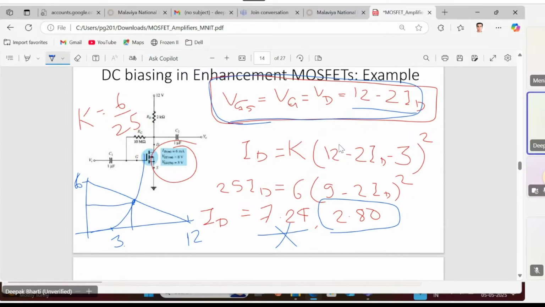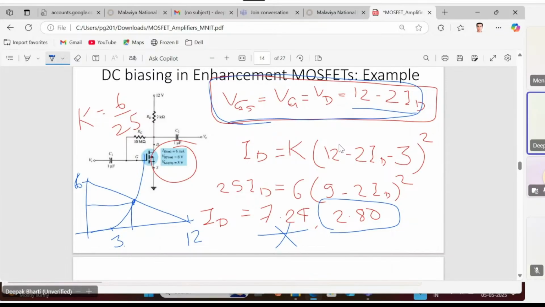So in this way, we can solve all the enhancement and the depletion based MOSFET for their biasing solution. Whatever be the biasing network given, we have to follow the same approach. We have to write down the equation of the load line, and then write down the current equation of the device, whether it is depletion or enhancement.